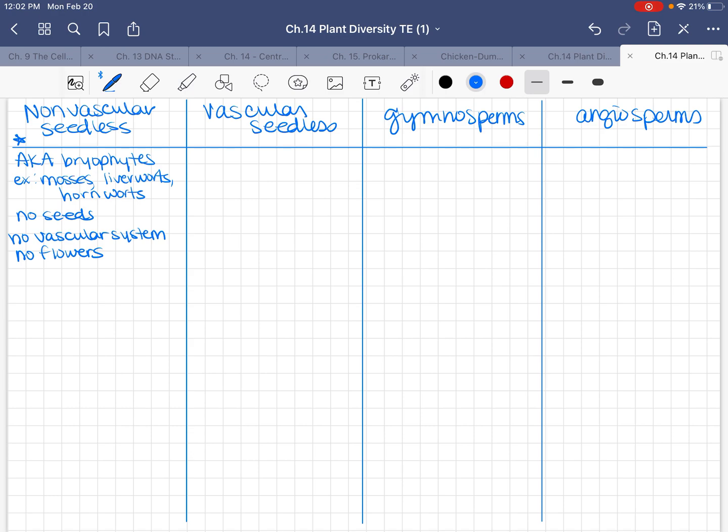These plants were short, low to the ground, because they didn't have any way of transporting water. They barely had any roots or anything to them. They had to be close to water, and they actually used the water as a method of moving their spores. Since they didn't have seeds, they had spores, and those spores moved by water.